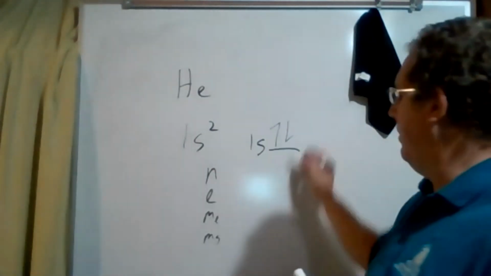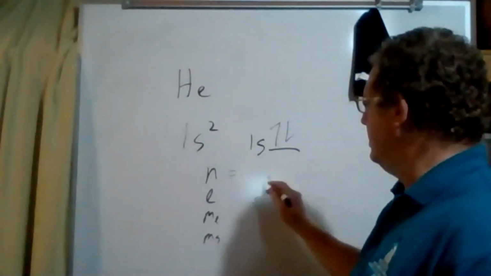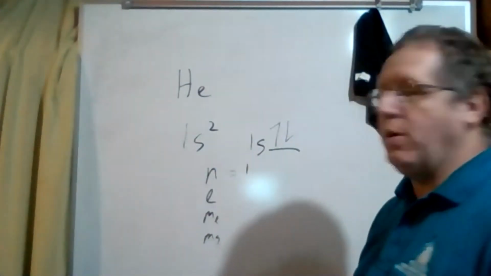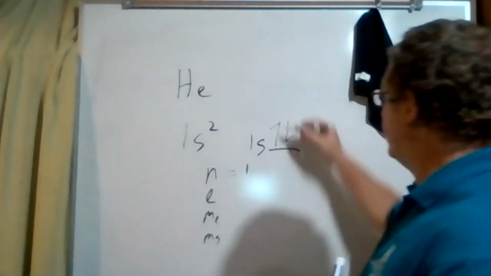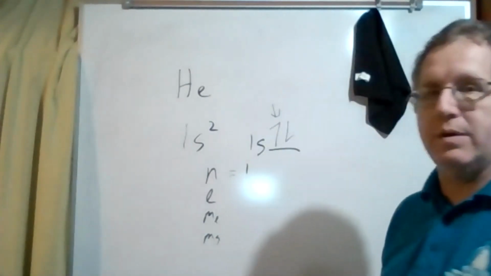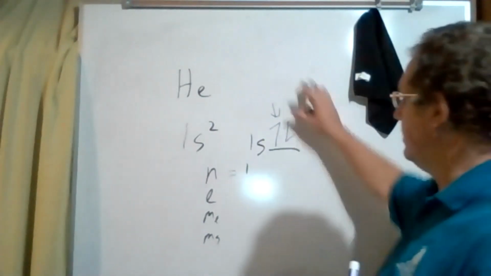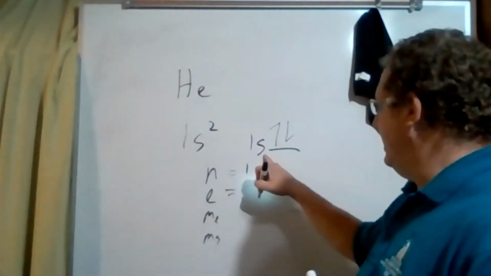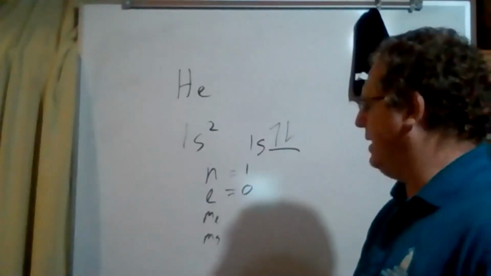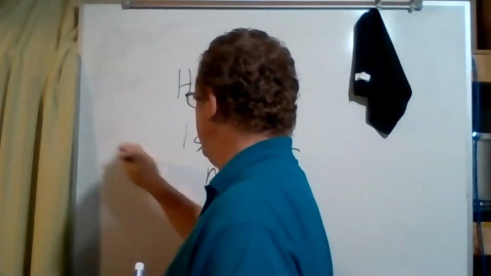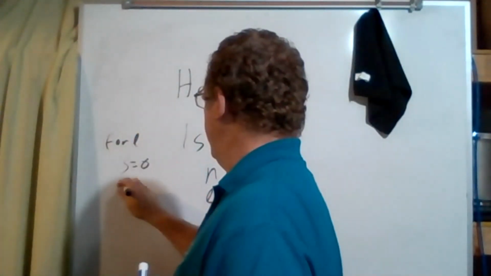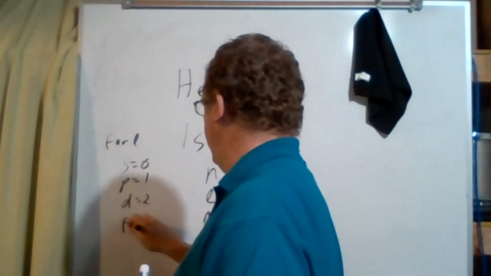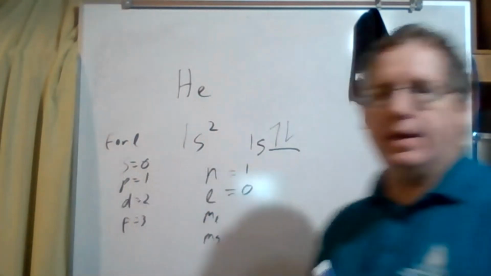Where do these numbers come from? How are they associated with these electrons? Well, n is the energy level. I can just look here and see that n is going to be a 1. Now I am doing the quantum numbers for this electron right here that I've written in black. Now l for an s orbital, remember, is 0. s equals 0, p equals 1, d equals 2, f equals 3, etc. Okay.